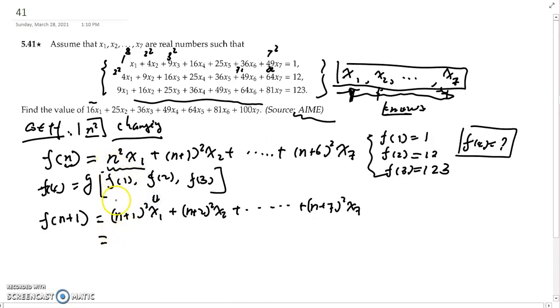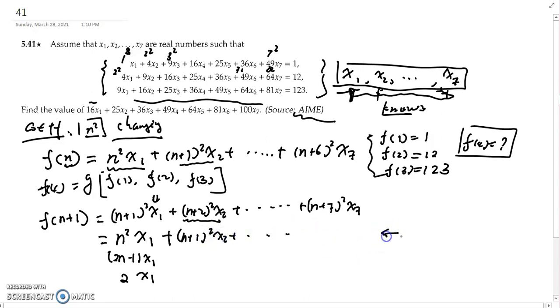So let's expand it: n square x1, which we already know, and there is a 2n plus 1 times x1. Then we already know the n plus 1 square of x2. We want to get n plus 1 square of x2 plus something.